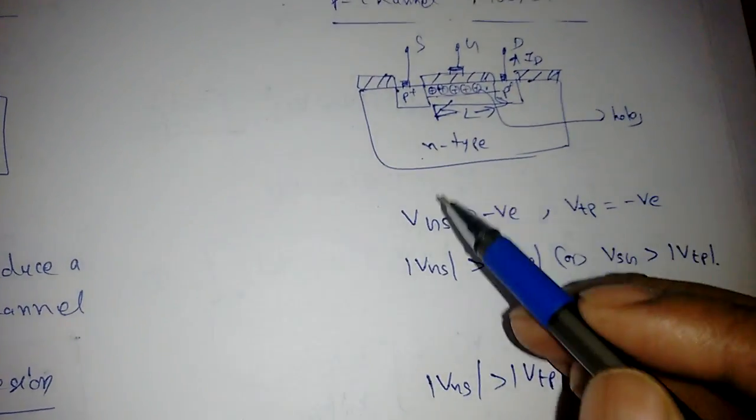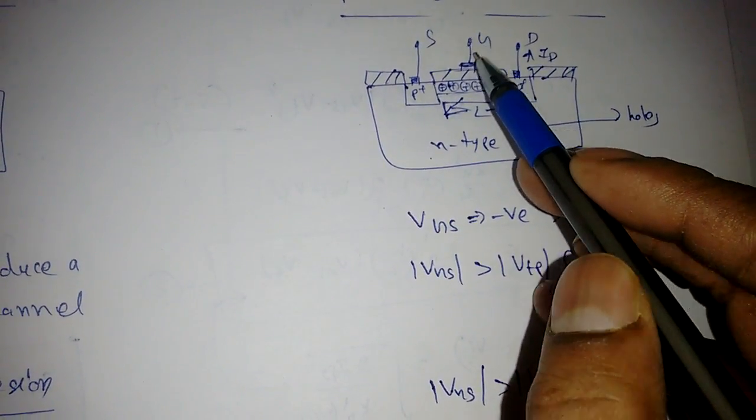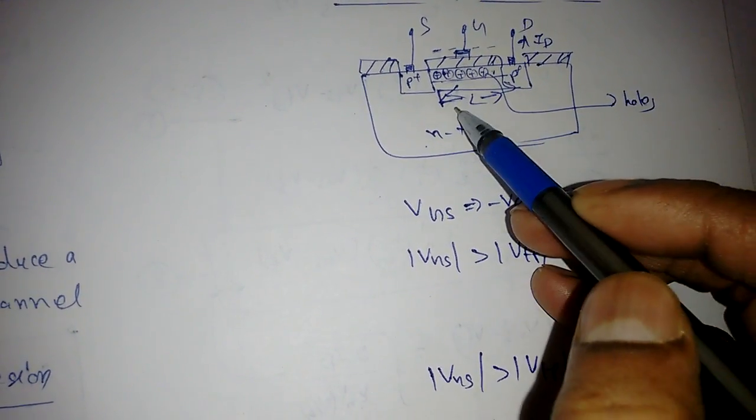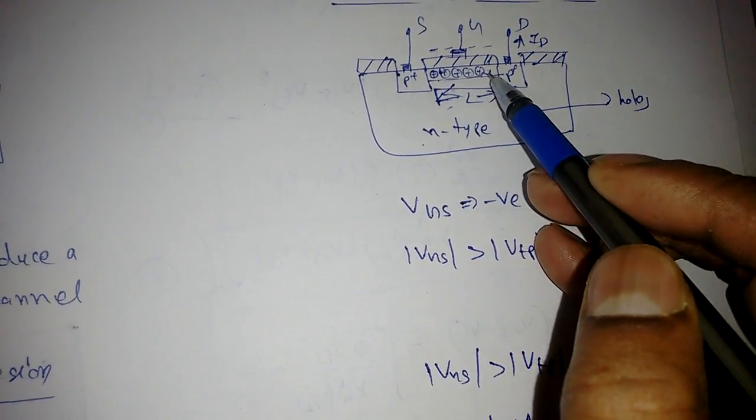But if we see for PMOS, generally how will it become when VGS is negative? Negative charge will be formed here, then negative and negative will repel each other, and it will become positive ions in this channel.